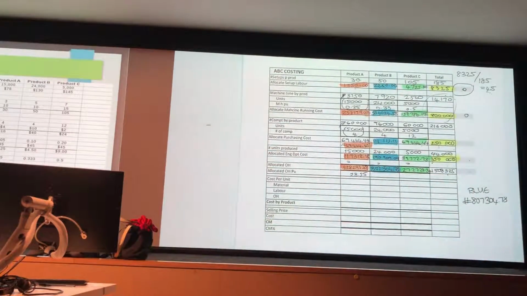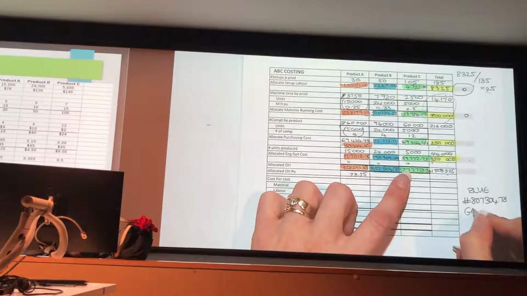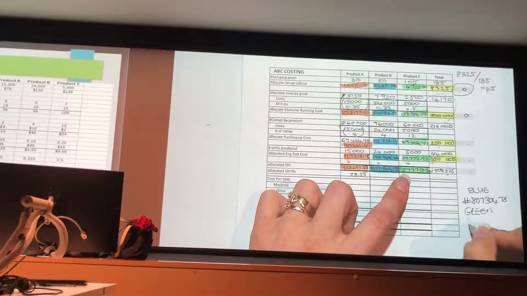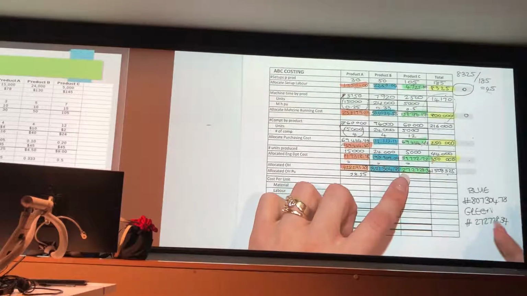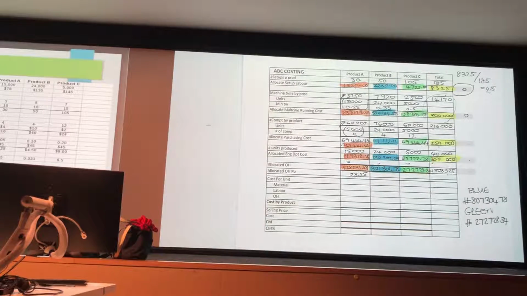So product C got 272K of the bucket of 1.5 million.